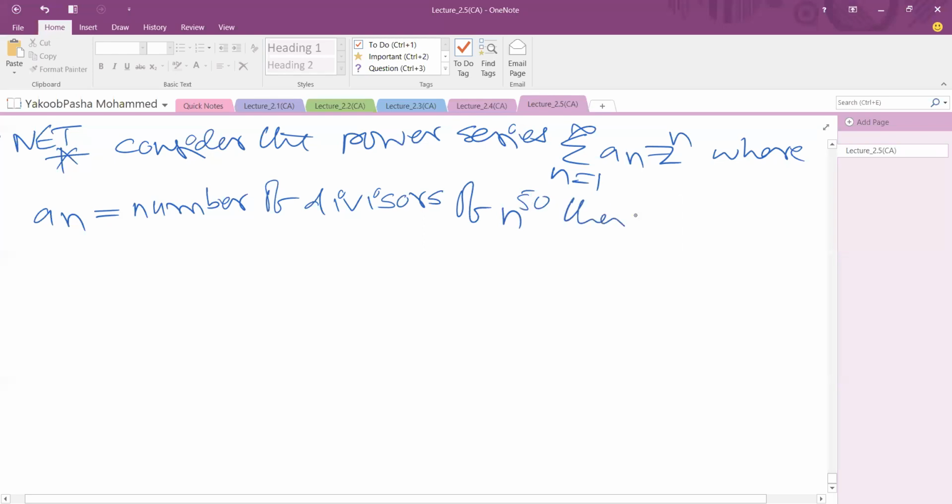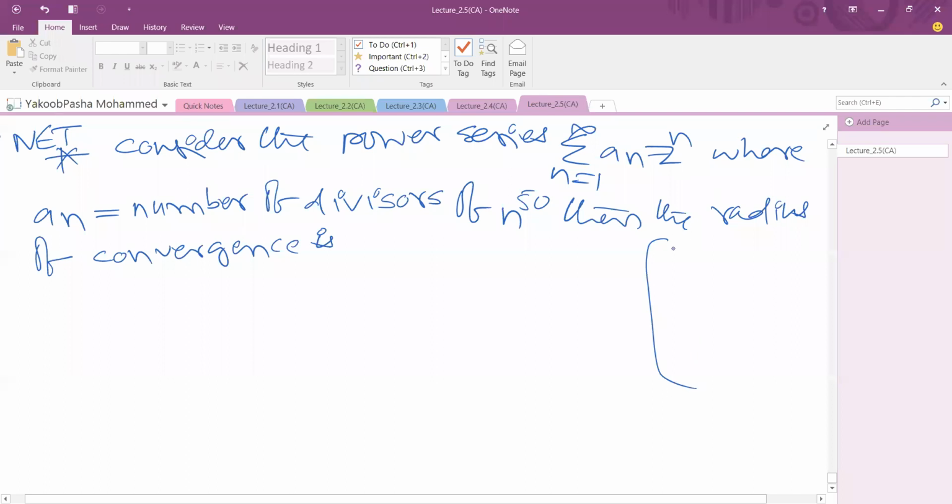Then the radius of convergence is: option 1, option 2 is 1 by 50, option 3 is 50, option 4 is 0.